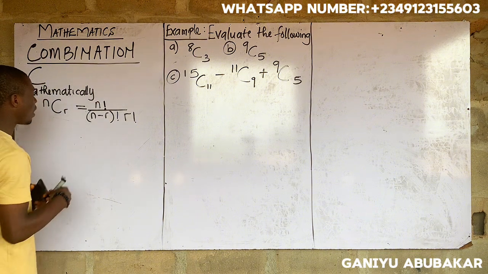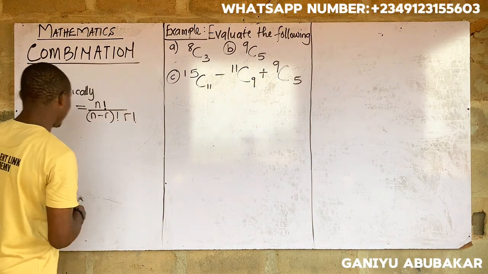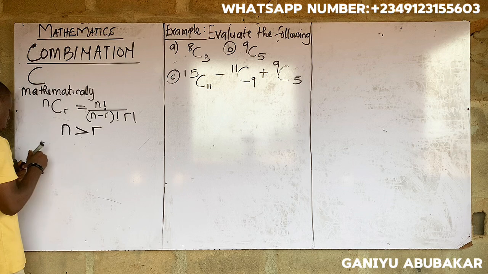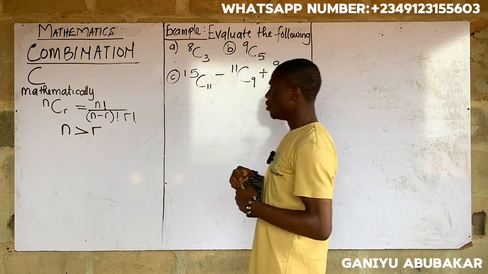Note that the value of n is always greater than what? Greater than r. That becomes your mathematical expression for combination.